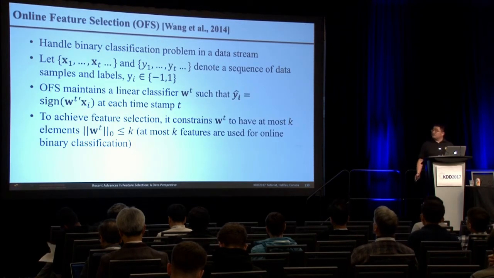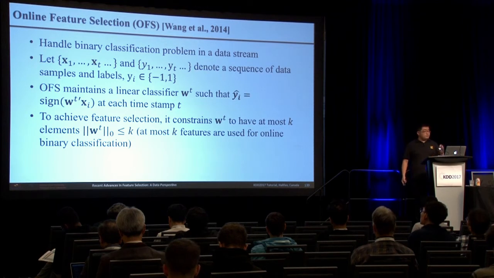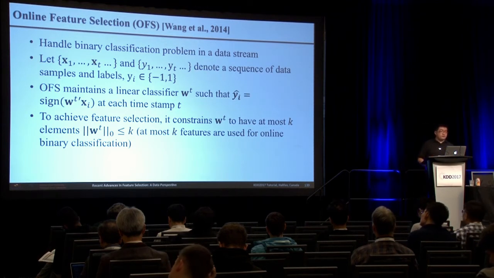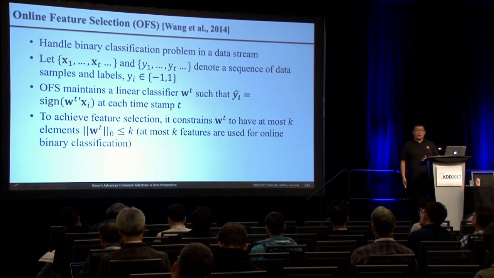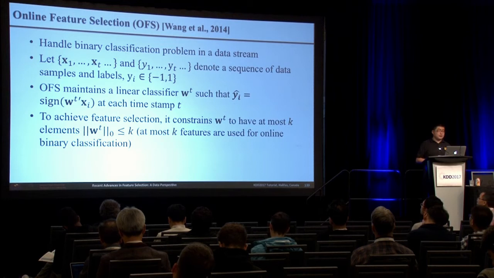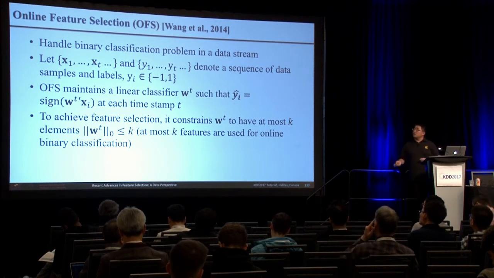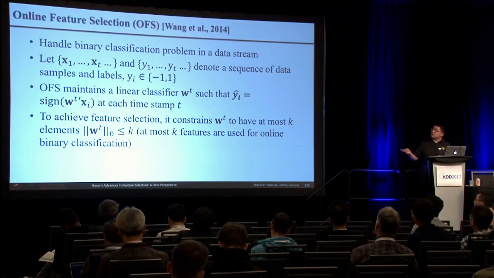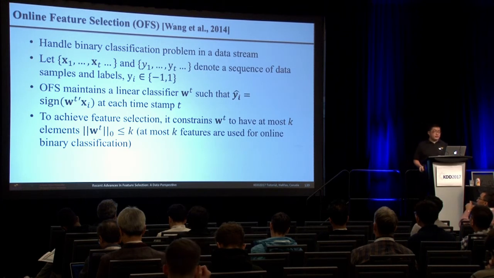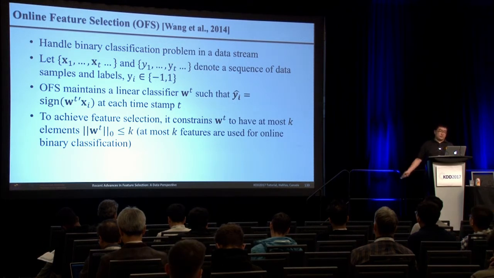Here is one of the first attempts. It is designed for the binary classification problem in a data stream. They assume that we have a sequence of data x1, ..., xt, and each data has two classes, either -1 or +1. They try to maintain a linear classifier to classify the newly arrived data.